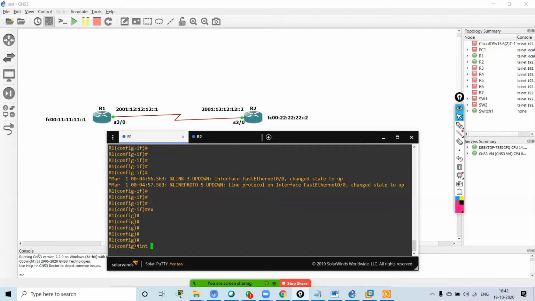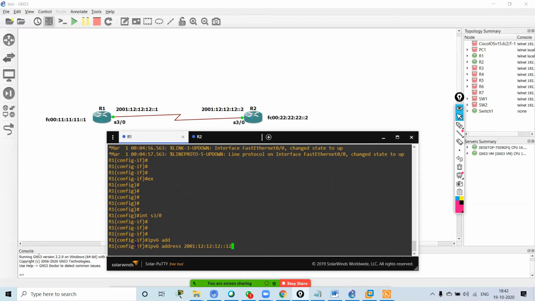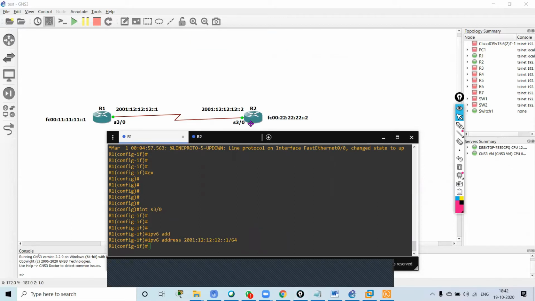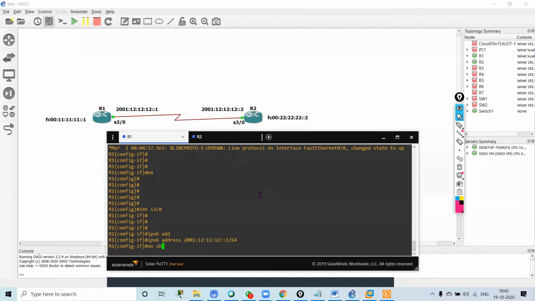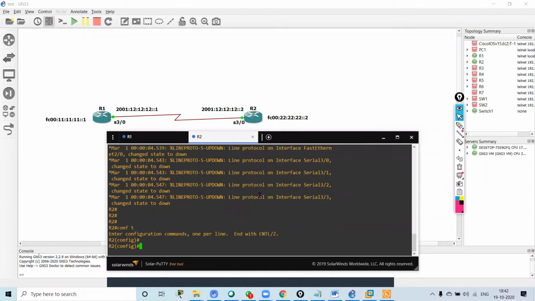Then interface serial 3/0, IPv6 address 2001:12:12:12:1/64. Okay, no shut. Here you don't need to give no keepalive because you have connected the physical link.